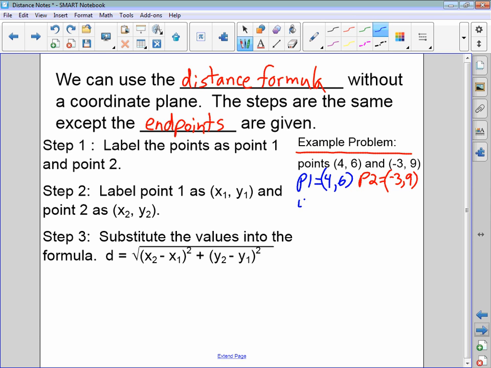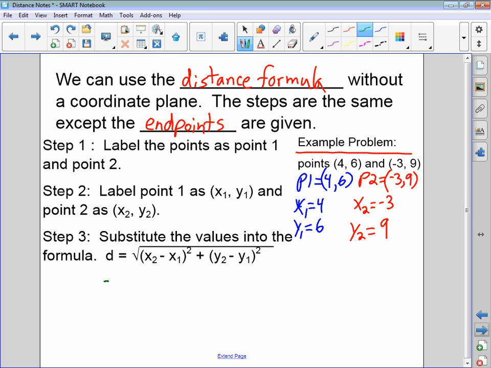So x1 equals 4, y1 equals 6, x2 equals negative 3, and y2 equals 9. I'm going to now substitute those values into the distance formula.